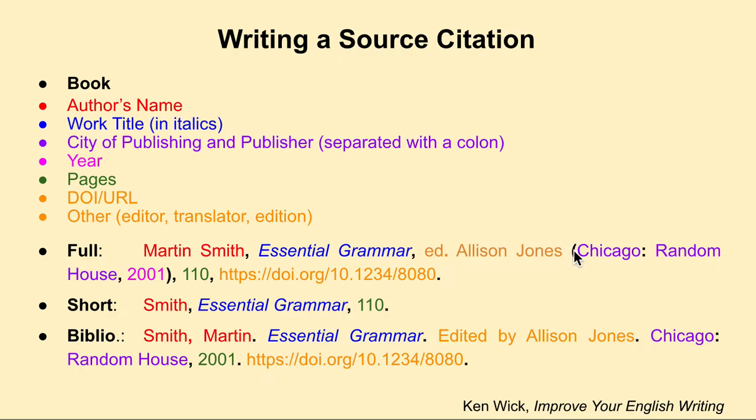Then instead of enclosing the city of publication and the publisher and the year all in parentheses, there are no parentheses. You just put period. Then you put the city of publication, the publisher, comma. Remember, the city of publication and the publisher are separated with a colon, and then comma, the year, period, and then you put, in this case, the DOI or the URL.